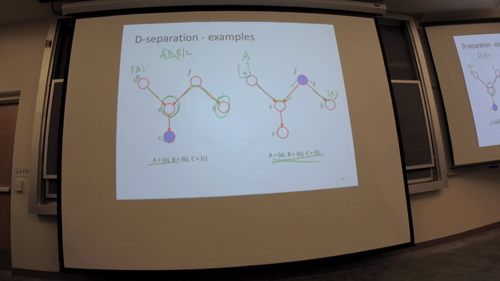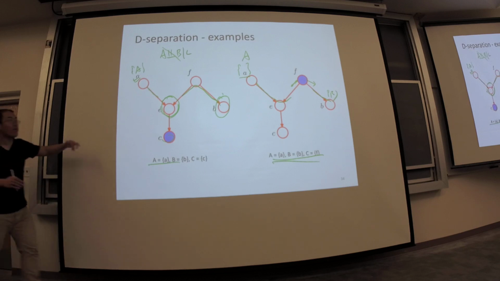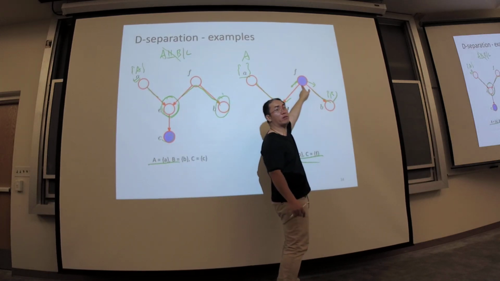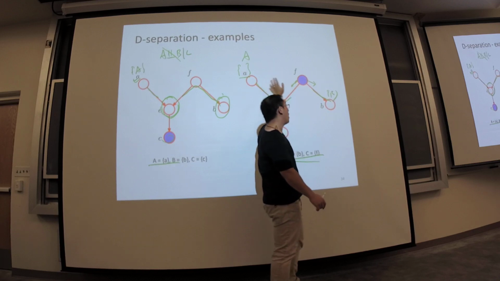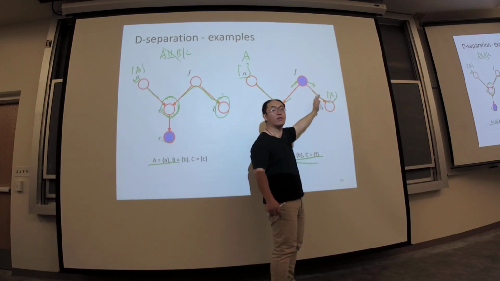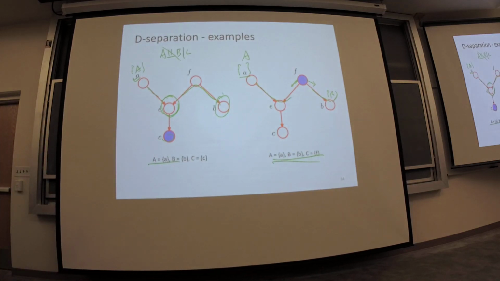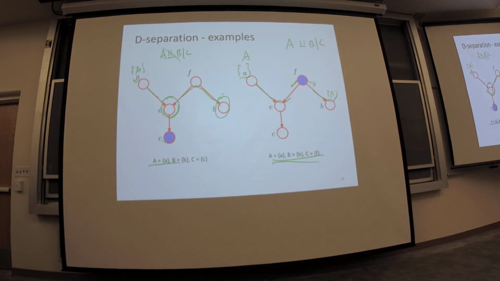And for tail-to-tail, if you have some node observed, shaded, that means your path is blocked. Then we can safely conclude that on this path, your ball cannot travel here because there's a barrier here. You bounce back. So A and B are independent given F. Here you can safely claim that A and B are independent given F.